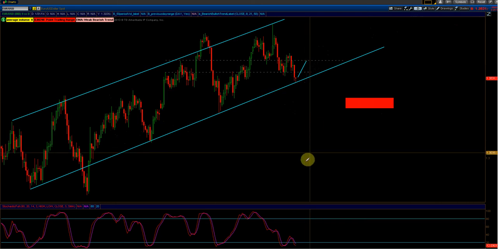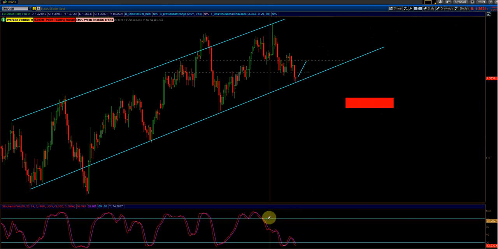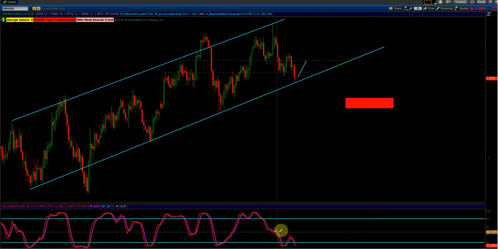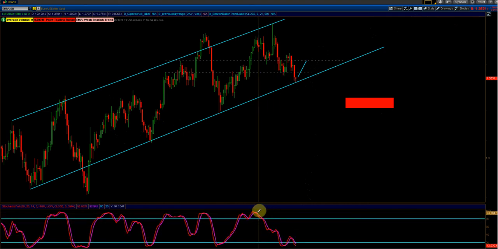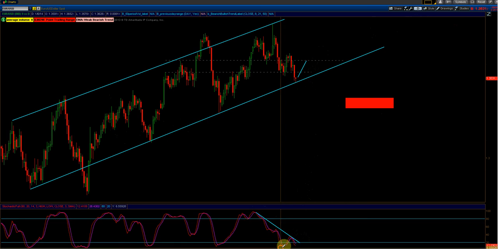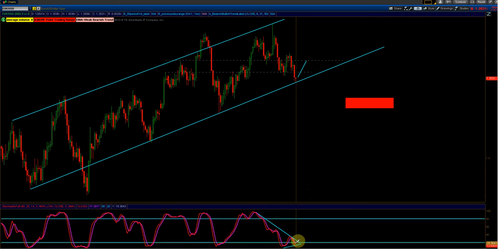Also, to help indicate that this is a good long opportunity, we have a coiled stochastics, and with a coiled stochastics, this is statistically a tell that we are close to a breakout to the upside, and I think that this really should play out.